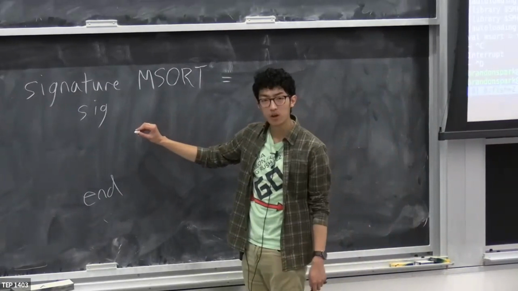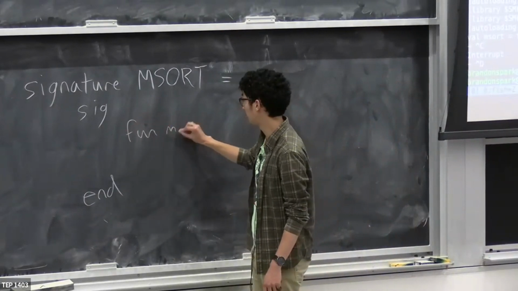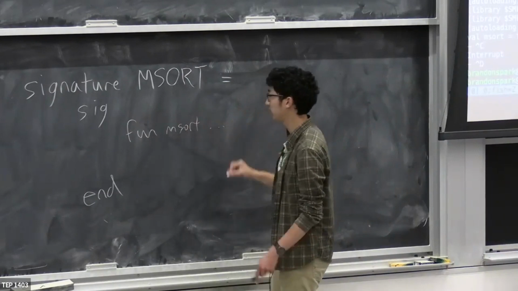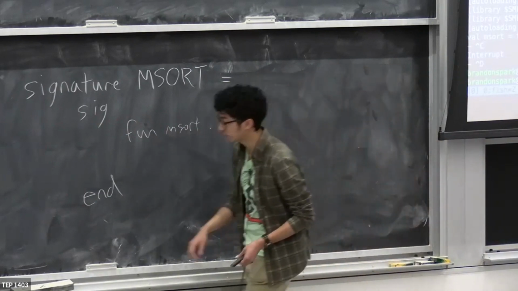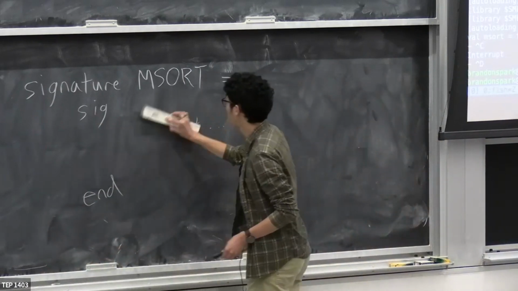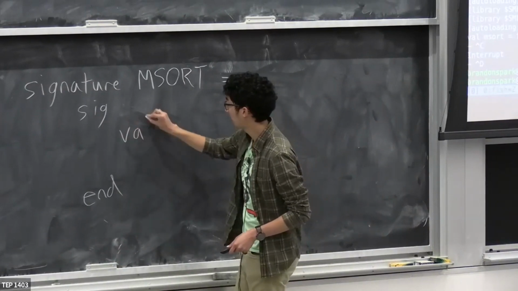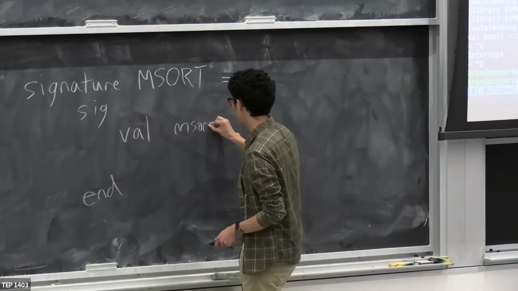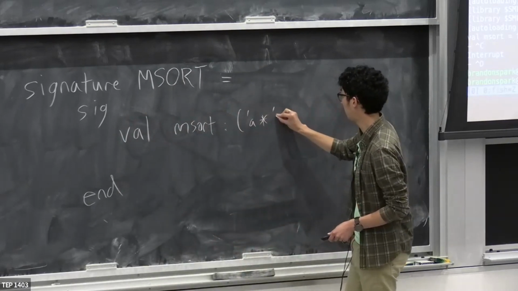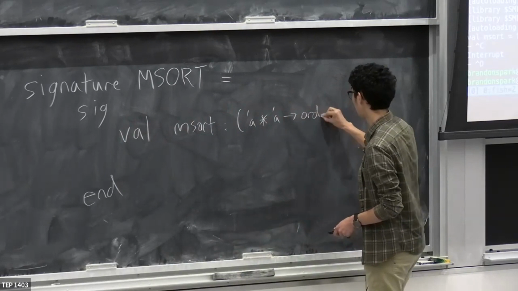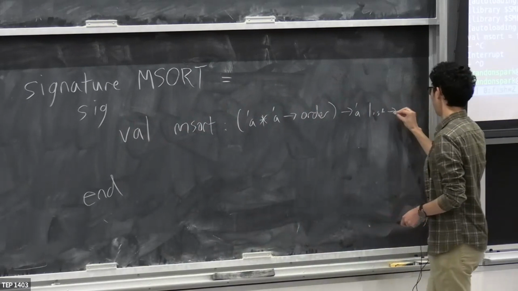And then what do I put in here? Well, I'm not going to put a value. I'm not going to write fun msort and so on. Why? Because this is a signature. I'm trying to specify the interface to a file, not the implementation. So I'm going to write what I call a specification. It's going to look like this: val msort of type alpha star alpha to order to alpha list to alpha list.